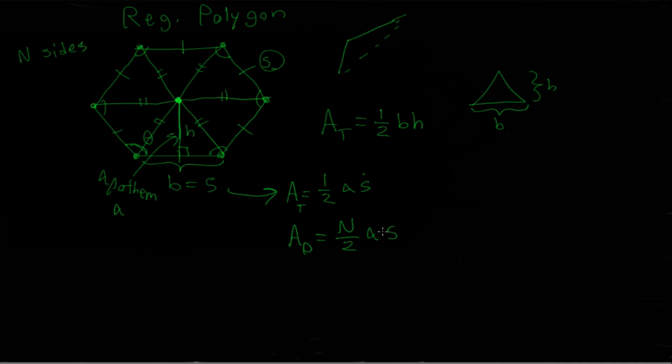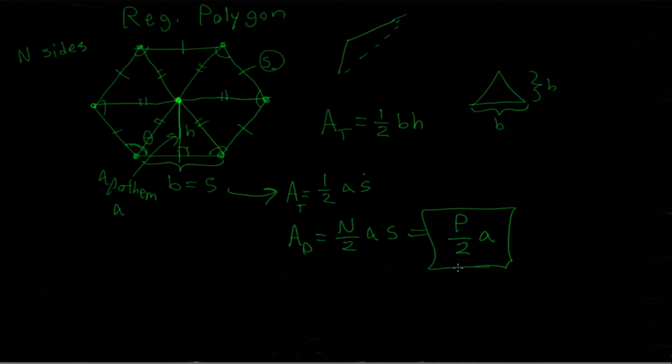The side length times the number of sides, what is that? How do you find the perimeter of a polygon? You add up all the sides, right? But if all of these sides are equal to S, and you're multiplying S by that many sides, that's the same as just adding S all those times, right? So n times S is the perimeter. So this is equal to the perimeter of the figure divided by 2 times the apothem. And we have found the area of our regular polygon.